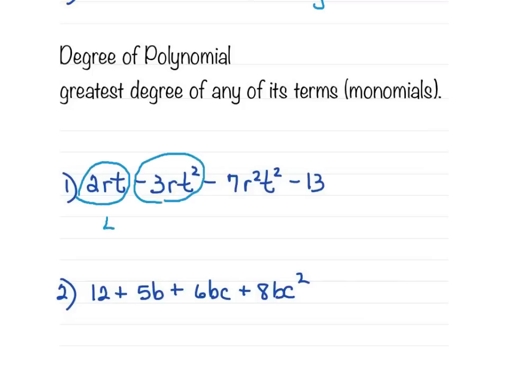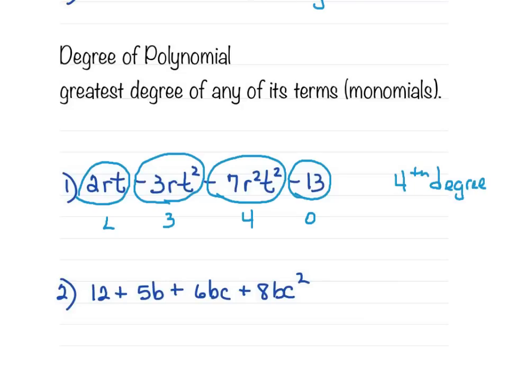Negative 3rt squared is third degree. Negative 7r squared t squared is fourth degree. And negative 13 does not have a variable, so it's 0 degree. The greatest of those is the fourth degree, so that becomes the degree of the polynomial.